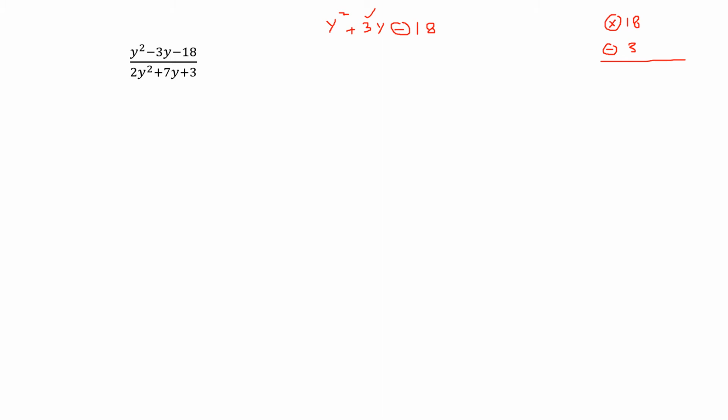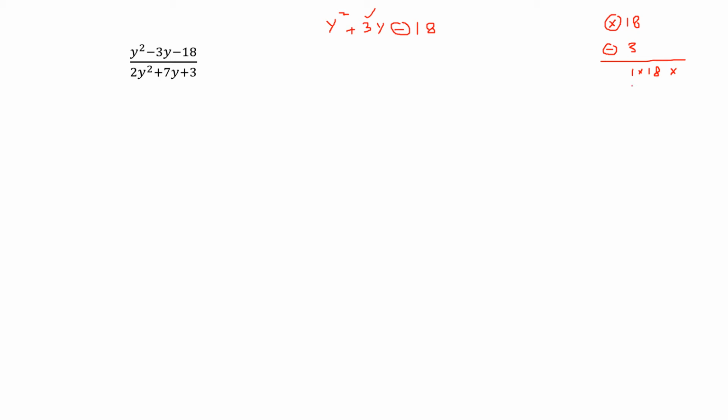So for this we go into the tables or the multiples of 18. So 1 18s are 18. By subtraction we don't get 3, so this is not accepted.